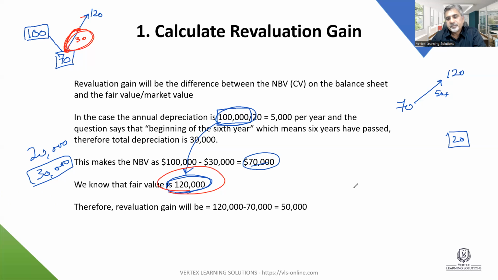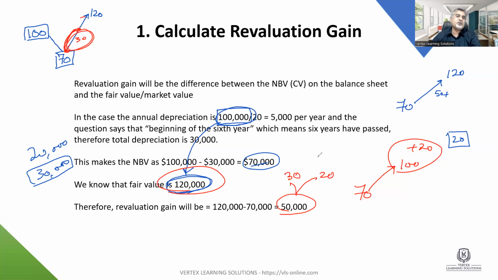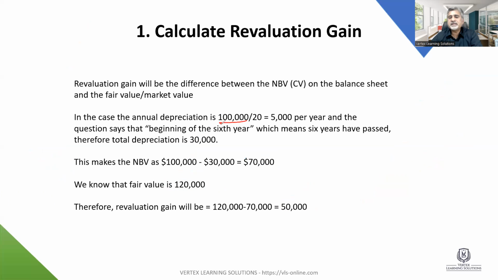So I say that asset is 70, bring it back again to 100 by reversing the depreciation which you charged, and probably you should not have charged, and then add 20K on top because asset has only increased. Now, within this 50,000, actually 30,000 is your depreciation which you charged, and 20,000 is the increase in the value of asset. See, asset from 100 to only 120. Asset went up by only 20,000.